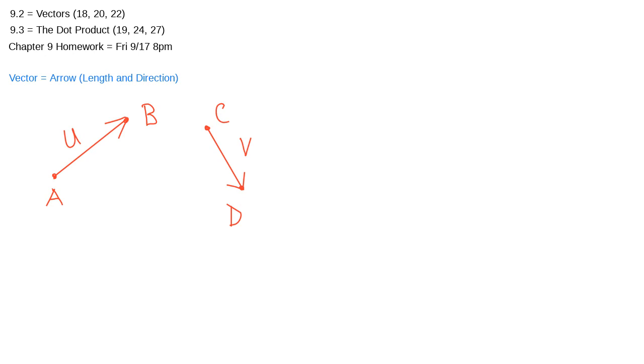The vector U, actually, you can put it like this. If you see that arrow hat notation, that means it's a vector.